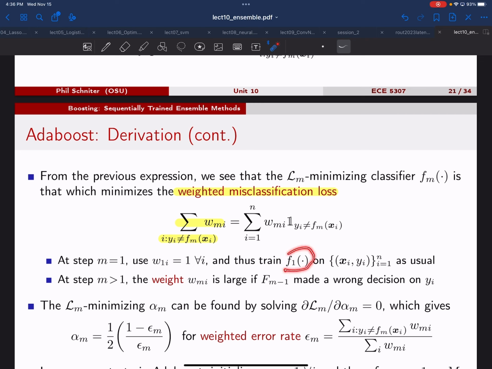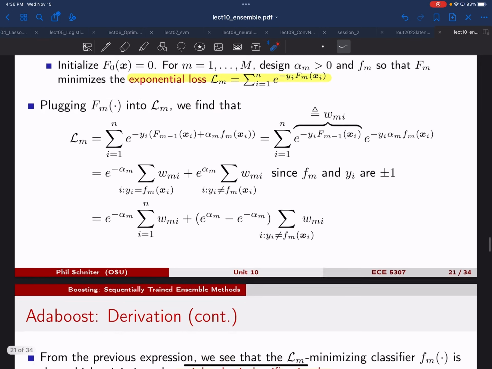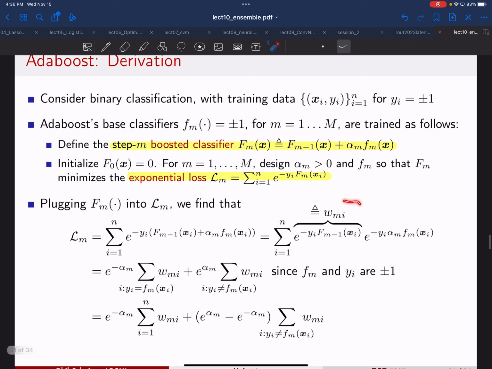The first one at stage m equals 1 just uses weights that are all identical, but at the future stages, the weights are determined, they're large if the previous boosted classifier made a wrong decision. So that's from here.